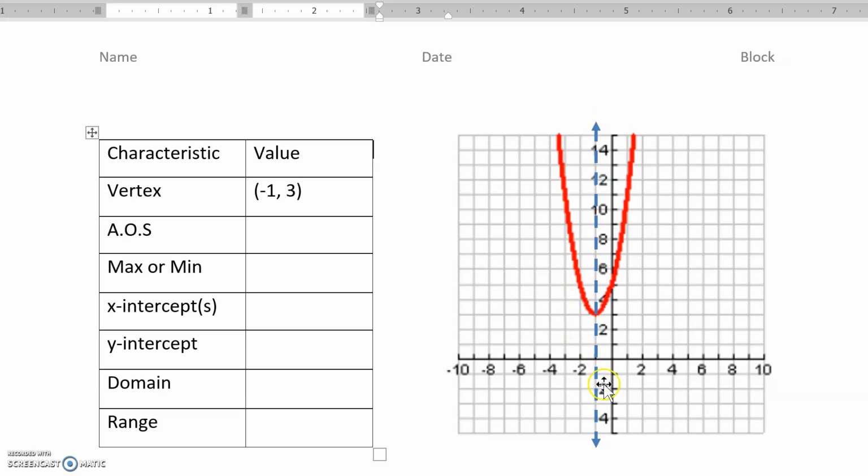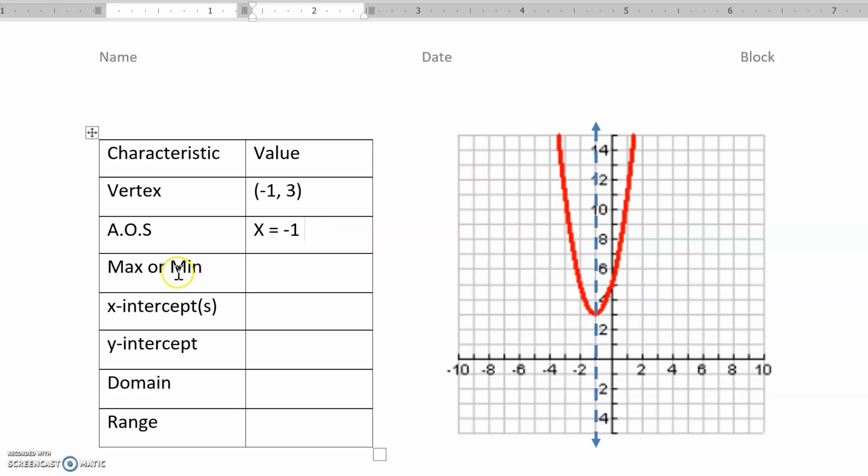So our axis of symmetry is this vertical line that cuts our graph in half. So when we write a vertical line equation, we're only concerned about the x value. So x equals -1. And again, you might notice that our axis of symmetry, x equals -1, is the same x value from the vertex.